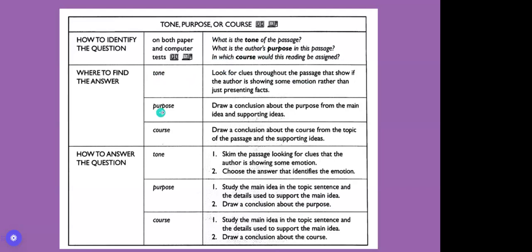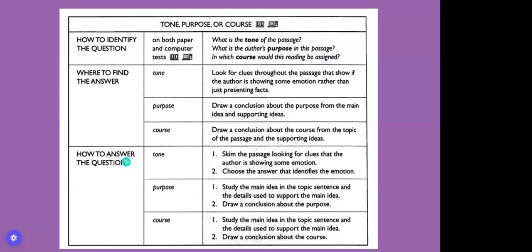If the question is about purpose, focus on the main idea and details. Then infer or draw a conclusion based on that. And finally, course. In here, you have to draw a conclusion, you have to infer depending on the topic of the passage, the topic of the text.